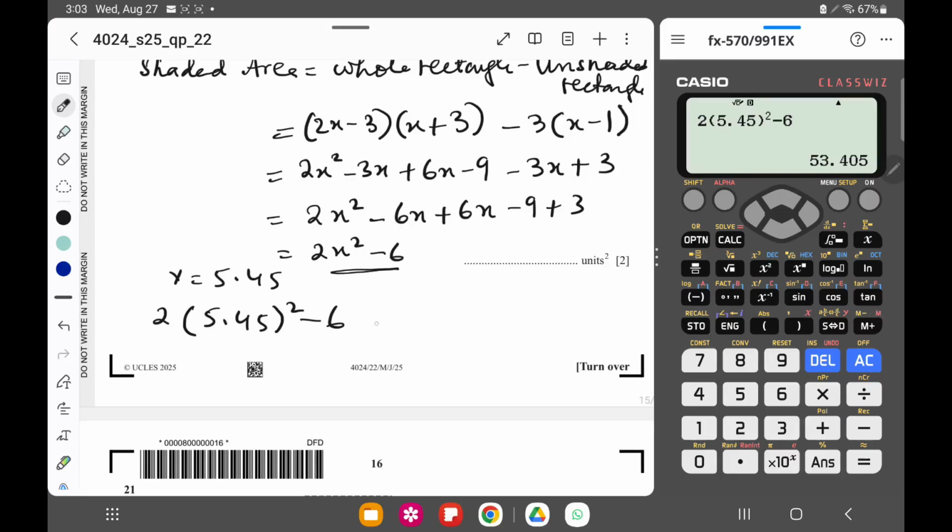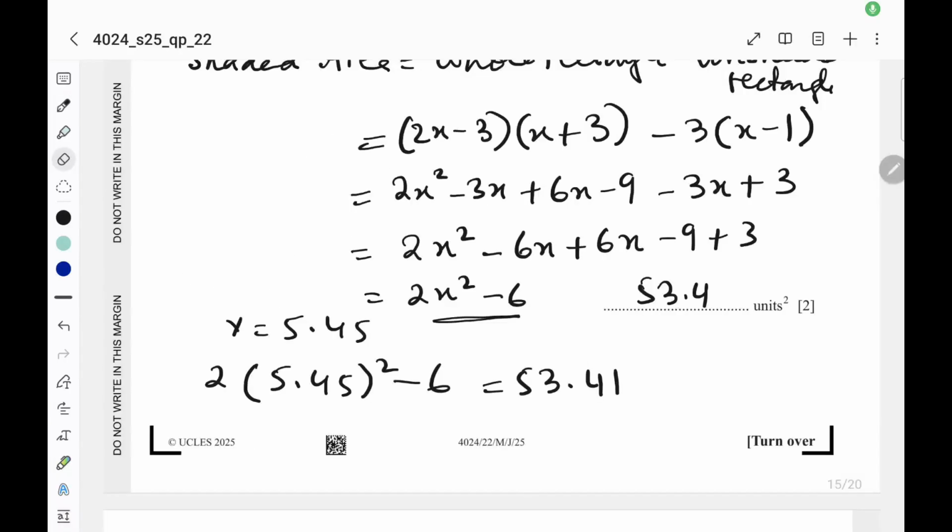Okay, 53.4 to 3 significant figures. 53.41 also you can write down, or 53.4 unit square, that is the area of the shaded part. It is 53.4 corrected to 3 significant figures, and the range is also given in the marking scheme that it can be 53.38 to 53.41. That is the range given here.